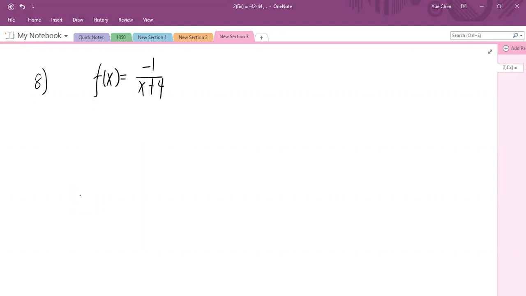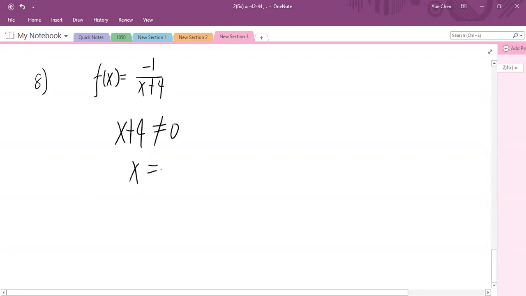So that means x equals -4 is not in the domain. This is from the graph, but we can also find the domain by assuming that the denominator cannot be 0, right? So x plus 4 cannot be 0, so x is not equal to -4. So your domain is x not equal to -4.